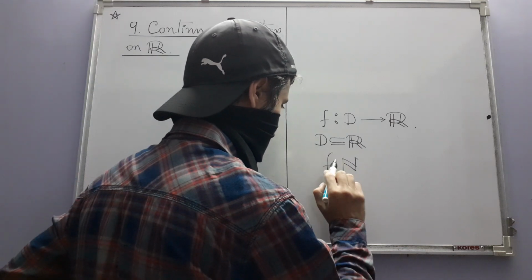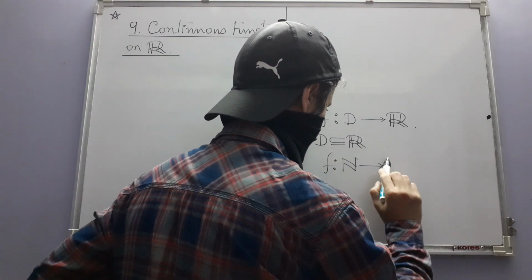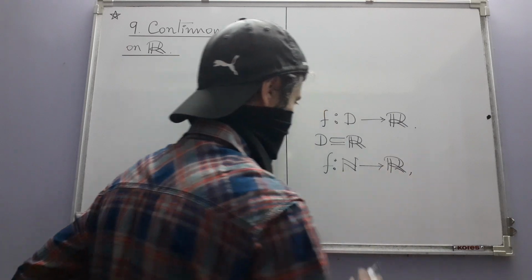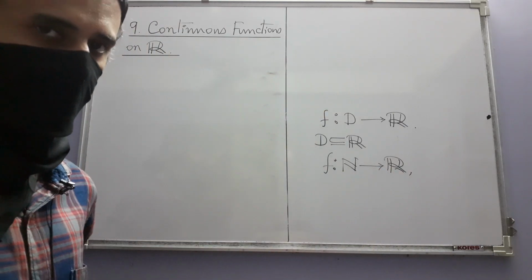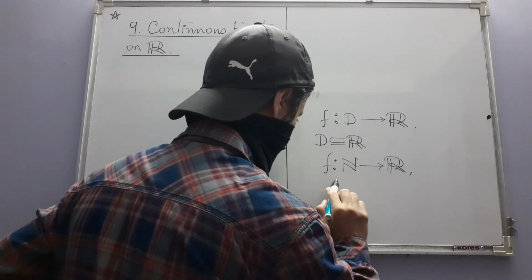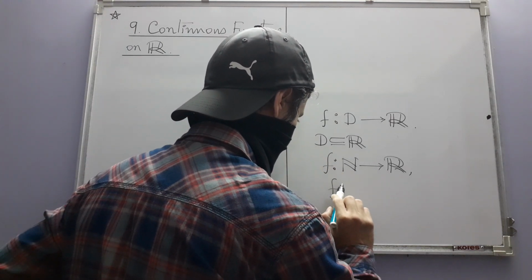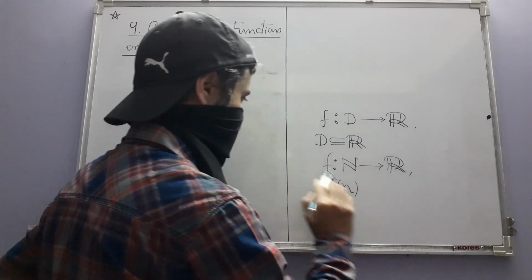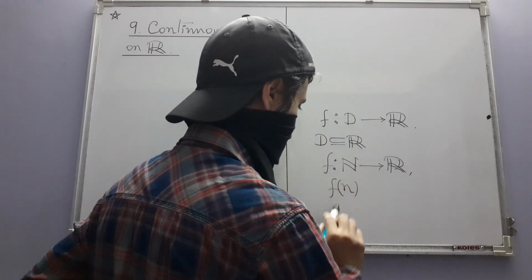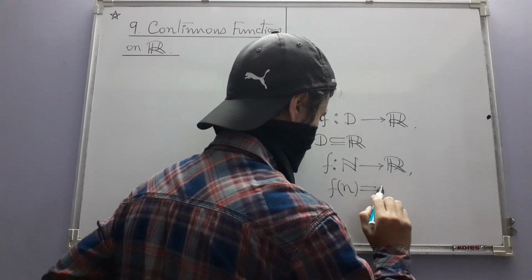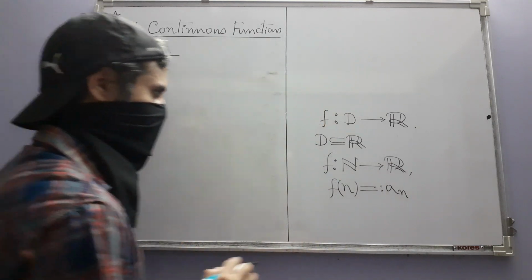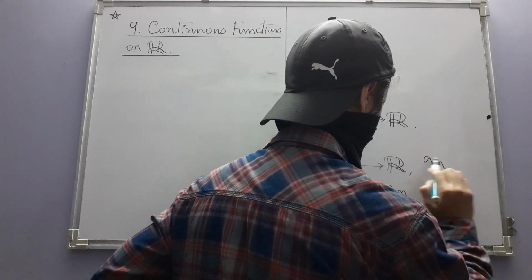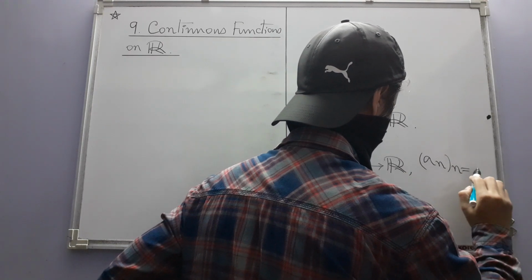That is, we have already considered such functions, and these functions are, if you recall, nothing but sequences of real numbers. For example, if you call the image of this natural number n under f a_n, then this function in fact is nothing but this sequence of real numbers.